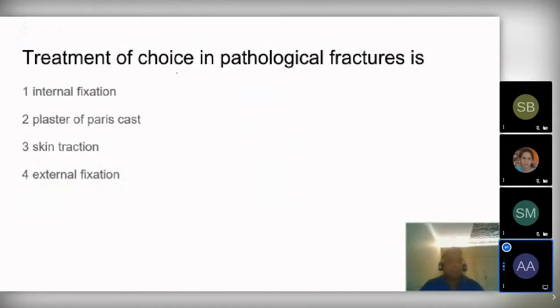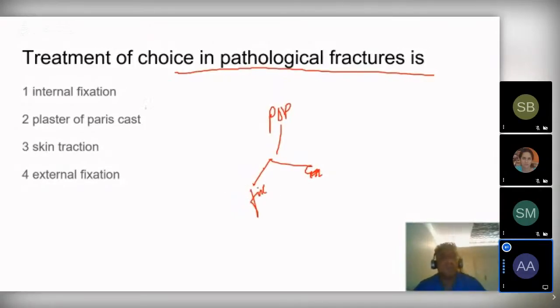Treatment of choice in pathological fracture. See, any fracture for that matter can be treated with plaster, that is POP, or surgery by putting rods, internal fixation or external fixation. So all this could appear, right?